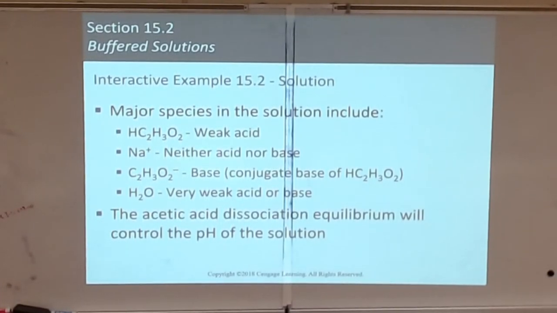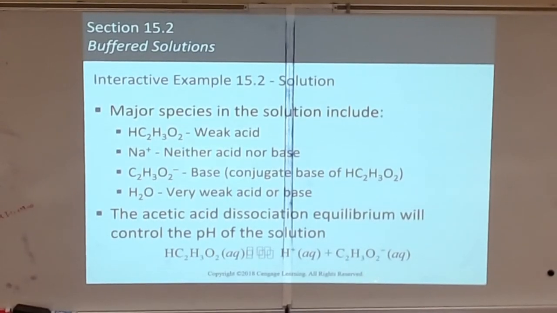The acetic acid dissociation equilibrium is what is going to control the pH of this solution. That's it right there. It doesn't really matter that I've got a bunch of excess acetate here, okay?